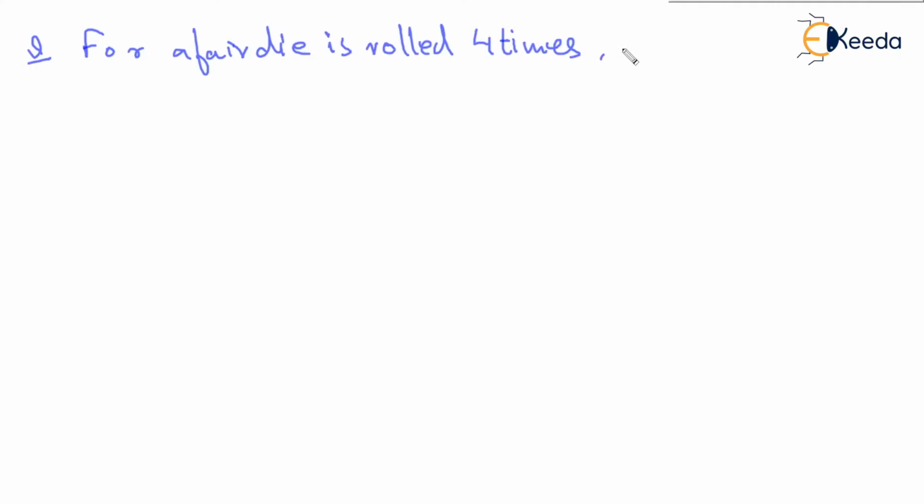So this question on binomial distribution says, for a fair dice rolled 4 times, calculate the probability of the following things.